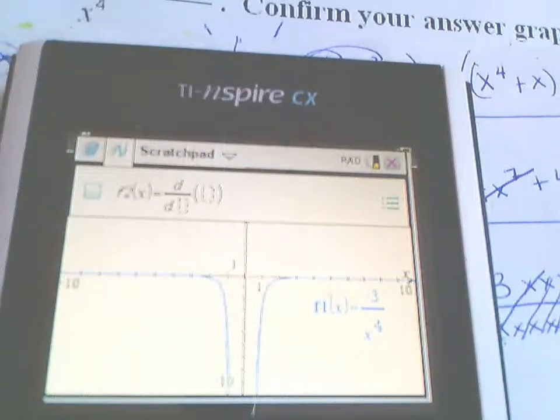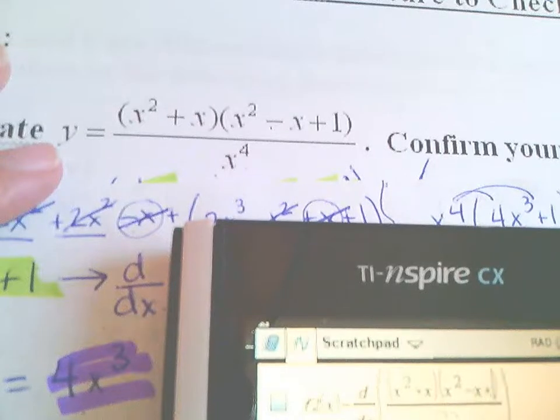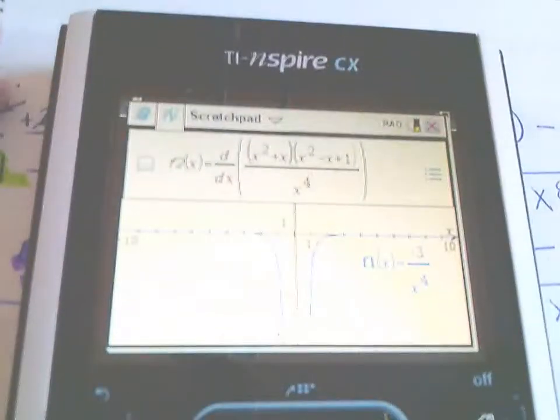And here I'm doing a dx. So I got to plug that in. And then I'm going to plug in my original problem, which is control divide. We have parenthesis x squared plus x, another parenthesis x squared minus x plus 1, all of that over x raised to the 4. So basically my calculator is going to graph the derivative.